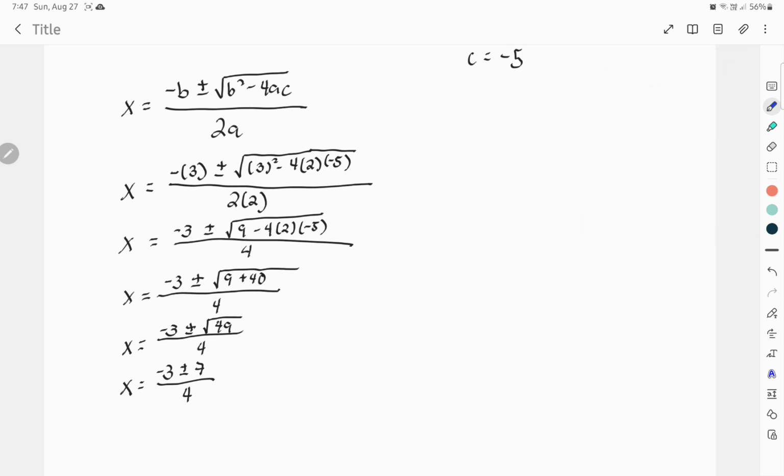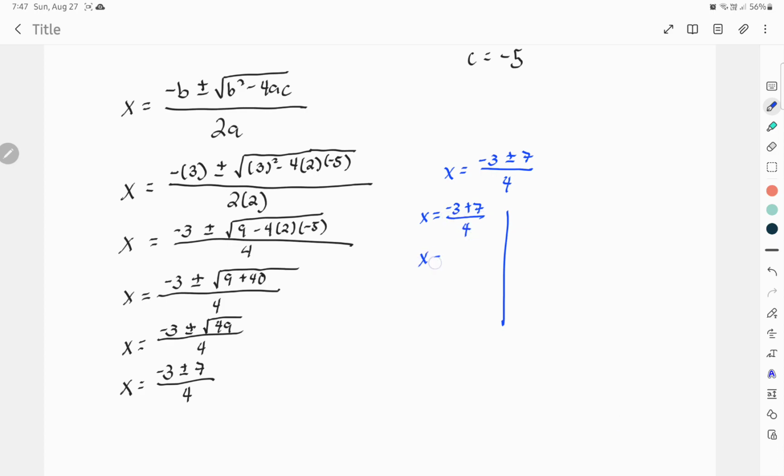By the zero product property, you have one positive and one negative. So let's check the answer. We came from x is equal to negative 3 plus or minus 7 all over 4. The first one, x would be equal to negative 3 plus 7 over 4.